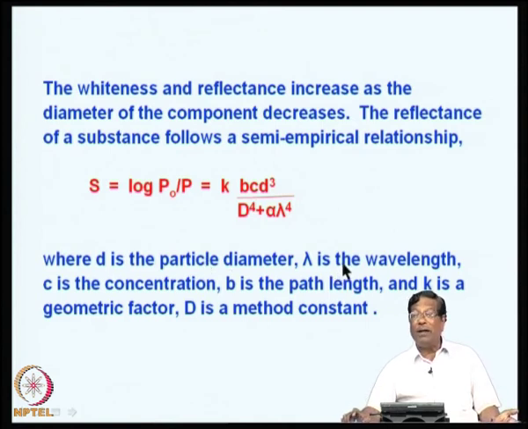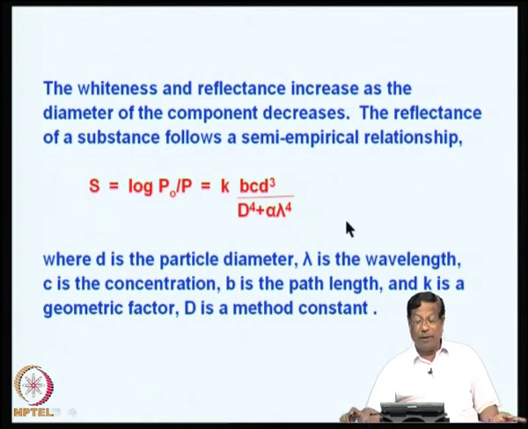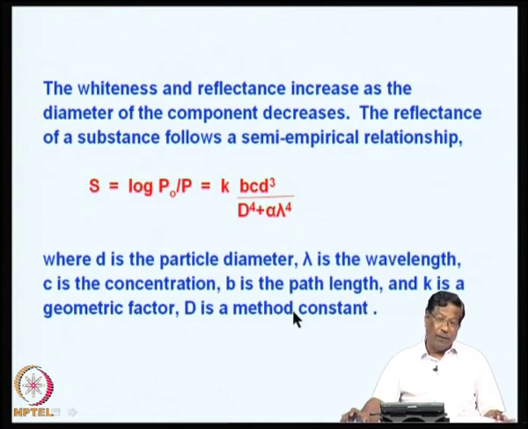Lambda is the wavelength of measurement, and C is the concentration, that should be proportional, and B is the path length, that also should be proportional to the particle size or particle diameter, etc. And K is a geometric factor, and D is a method constant. That means, whatever you are using for the spectrophotometer as a standard, that standard has a constant, and this you will have to incorporate.